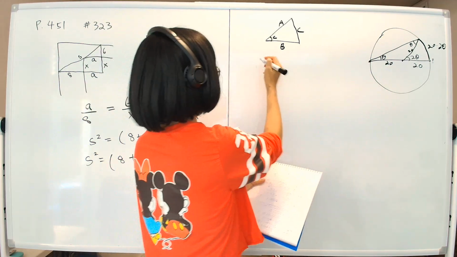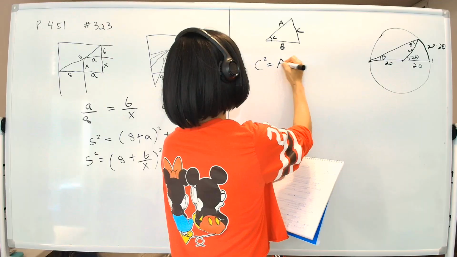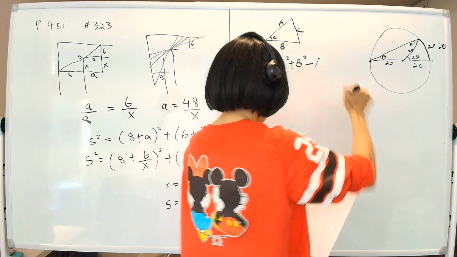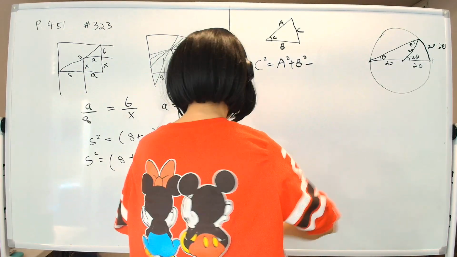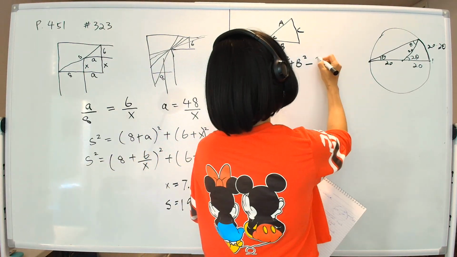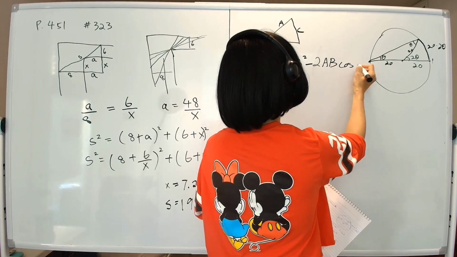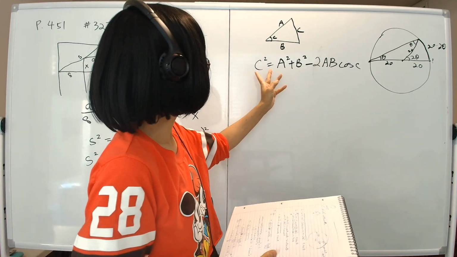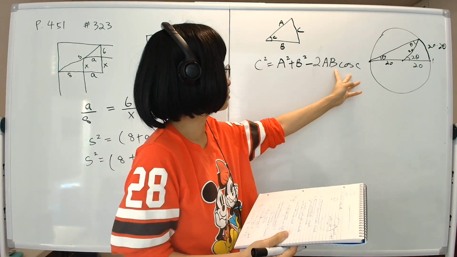So the law of cosines, I believe, says that c squared equals a squared plus b squared minus 2ab cosine c. That's the good old law of cosines. It's similar to the Pythagorean theorem, except you have to do some subtraction here.